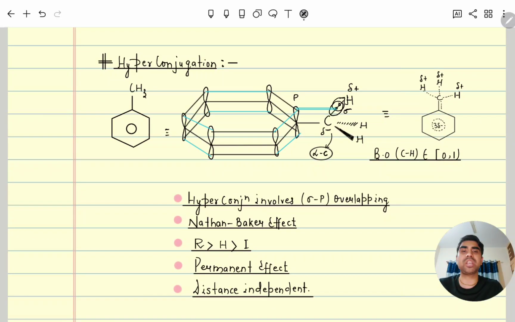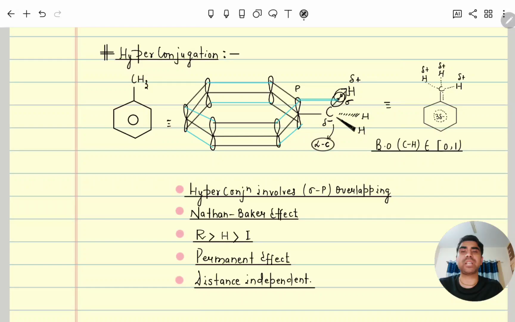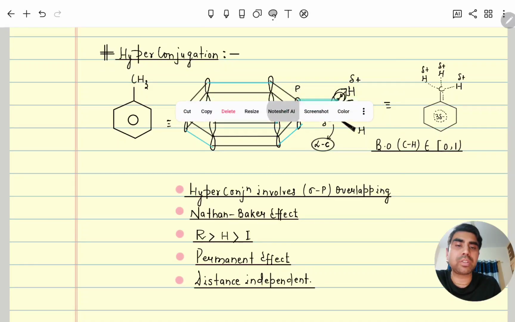Resonance happens in conjugation, like double-single with a negative charge, positive charge, or free radical. Similarly, how will hyperconjugation happen? Suppose this is toluene. In the orbital diagram of this benzene, the p orbitals overlap with each other.